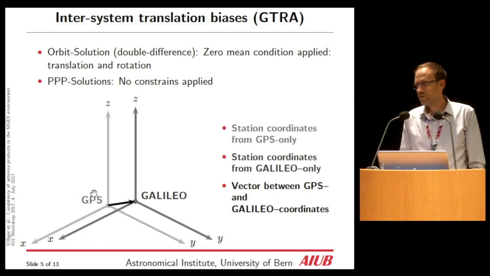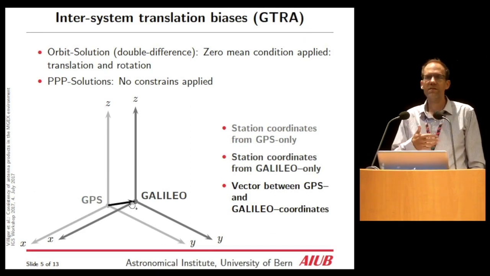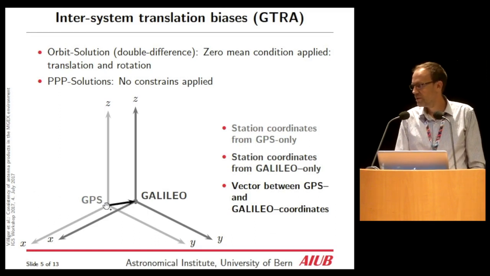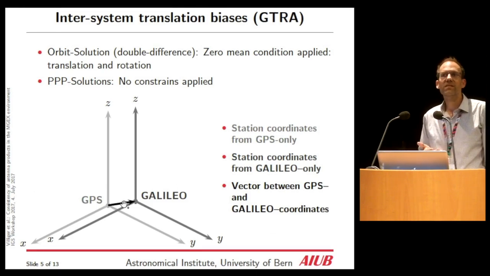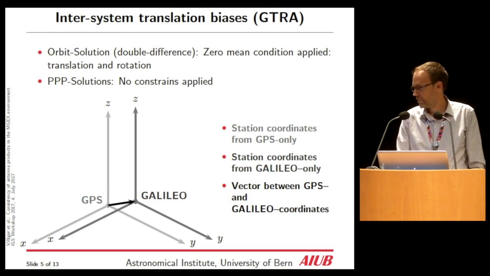If I do a Galileo only solution, I will get a slightly different offset, a slightly different coordinate. What we now set up in our process is a vector which represents the difference between the GPS and the Galileo coordinate. In an optimal case, this offset would be 0, which means that the coordinates from both systems are completely consistent.